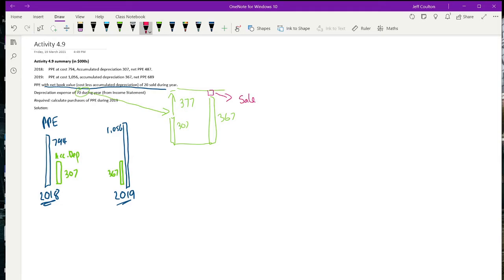Because when we sell an item of equipment, we remove both the cost of the equipment from the balance sheet at cost and the accumulated depreciation that applies to that equipment. So the accumulated depreciation component of the sale was 10. We can therefore determine that the cost of the equipment that was sold has to be 30.